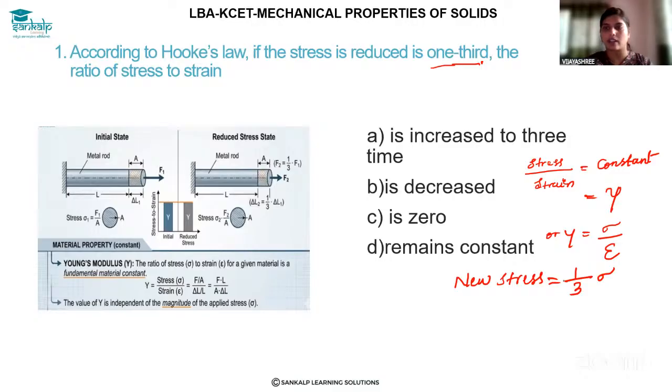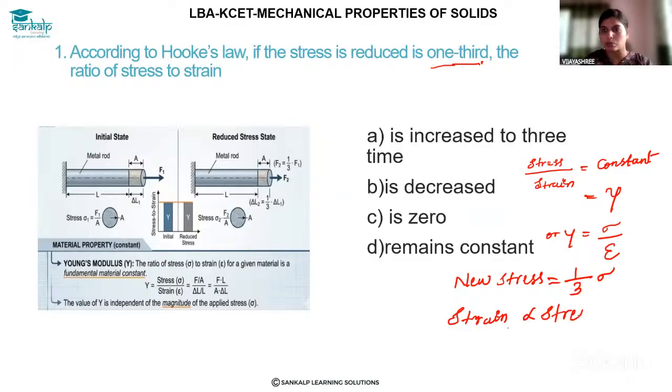Therefore, new strain: as we already know, strain is directly proportional to stress, right?